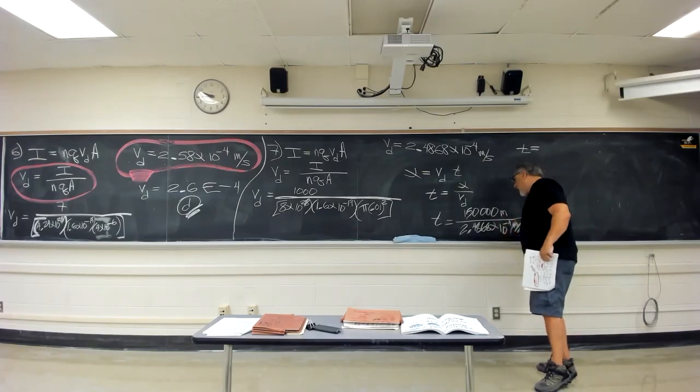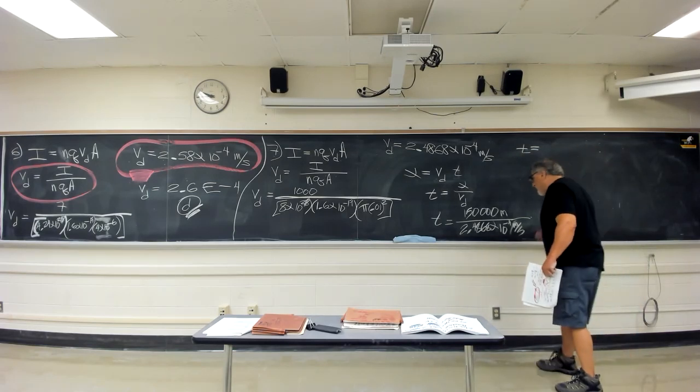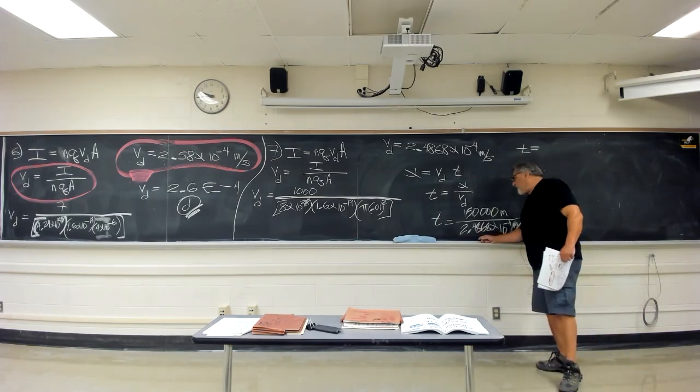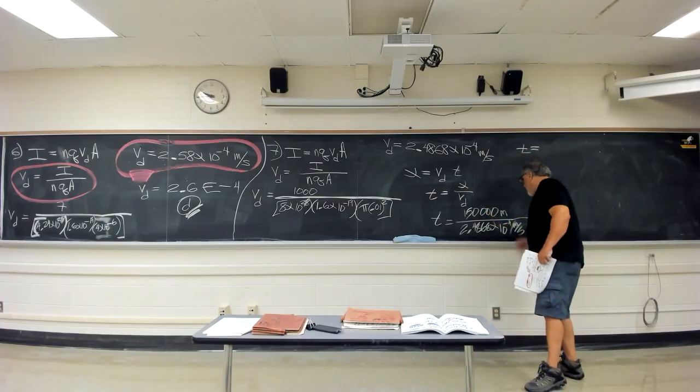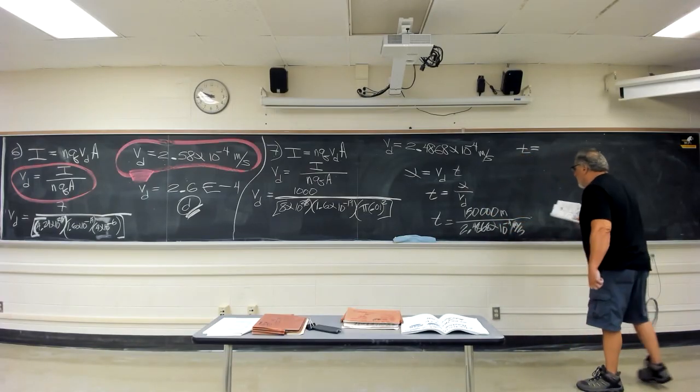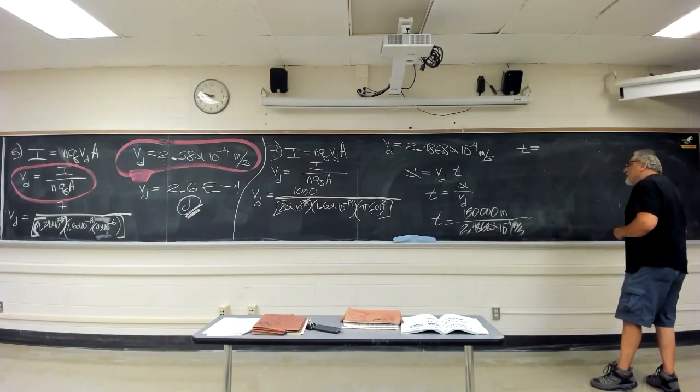This is 10 to the negative 4. 2.5 goes into here. Let's just pretend it's 2.5. If it goes into here, it goes in about 60 times. Then this 10 to the negative 4 comes on top. It's 60 times 10 to the positive 4. 6.0 times 10 to the 5 seconds. Something like that.